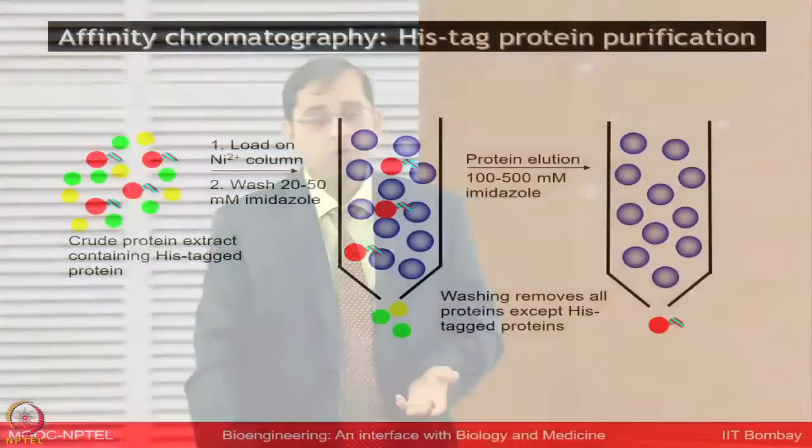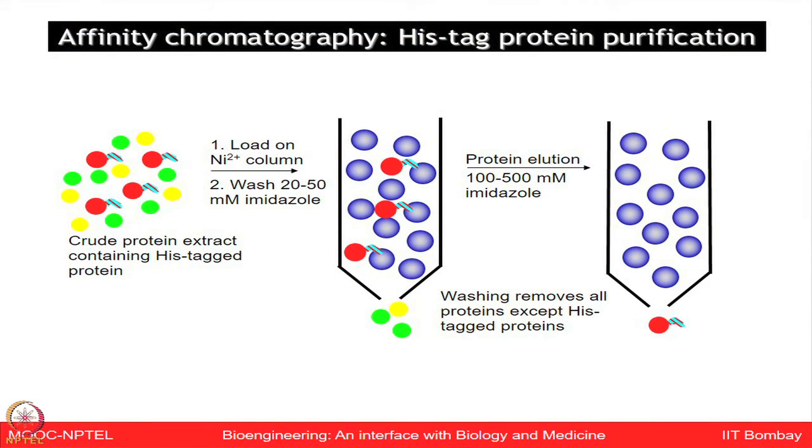Now each protein formed from that gene will contain the histidine tag, and if you have a column with nickel NTA beads, or nickel in the column, it is going to bind the histidine tag through coordination chemistry. Only the protein of your interest, where you have added the histidine tag, is going to bind to the affinity column. All the rest of the proteins can be removed and will be in the eluate.